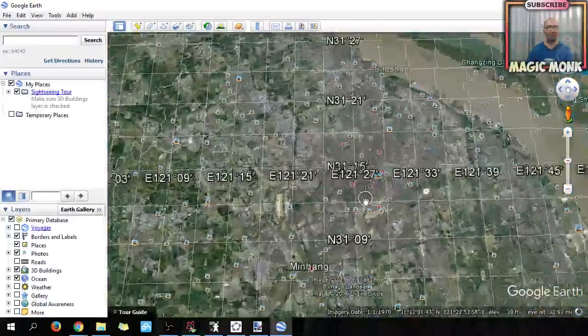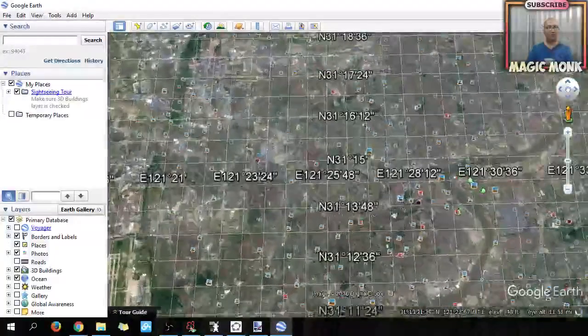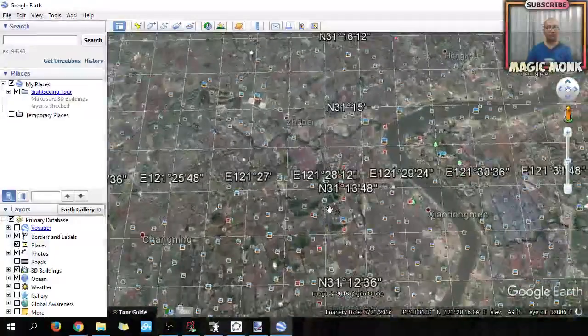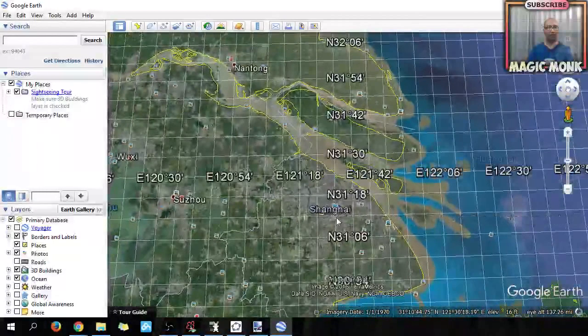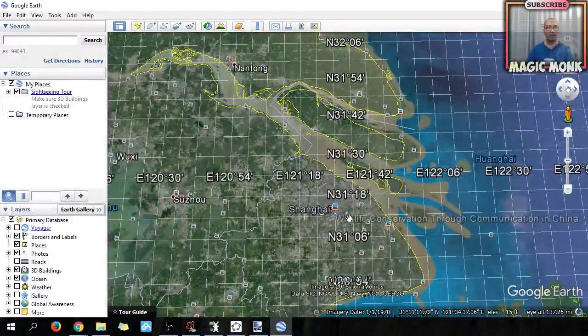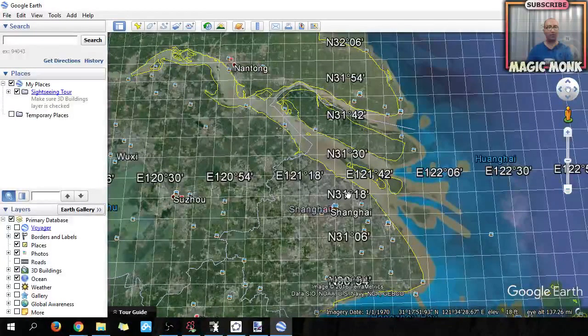Very interesting. So we've got Shanghai, which is located at about 31 degrees north and 121 degrees east.